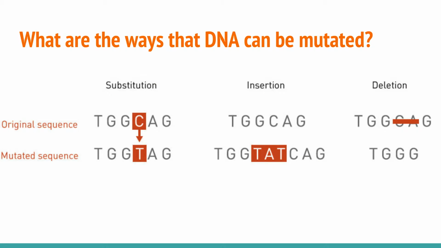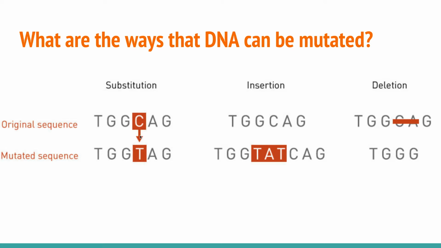Okay. What are ways that DNA can be mutated? There's substitution. So if this is the original sequence, remember each of these base pairs can only match up to another specific base pair. So if you look right here, here's the original sequence. This is the mutated sequence.